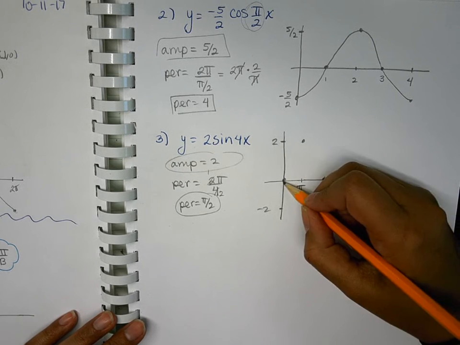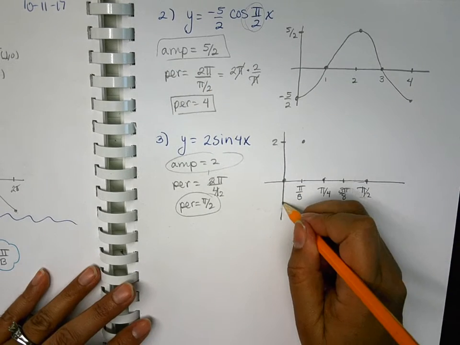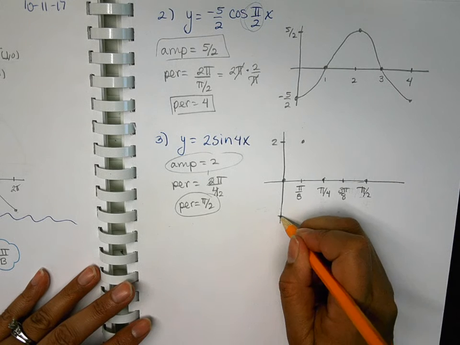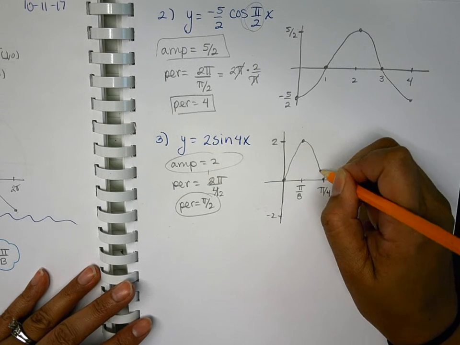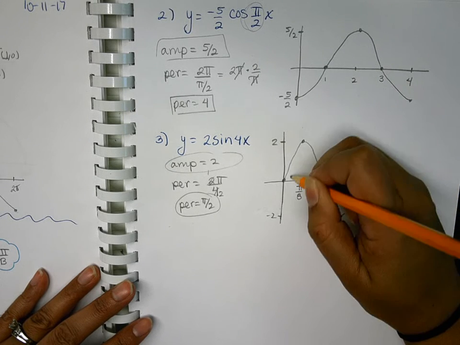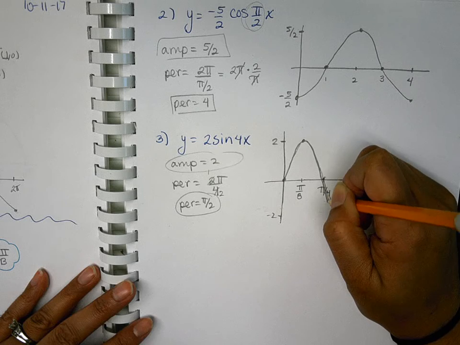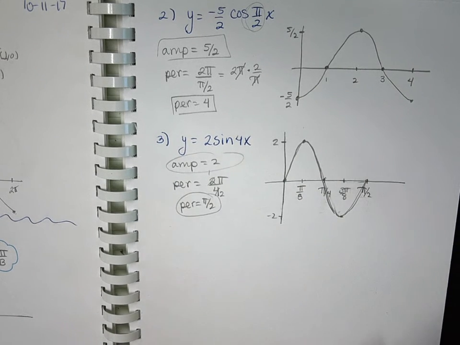So you make your hill and then your valley. Okay, got it? Any questions? Do another one, or do you have the hang of it? Good?